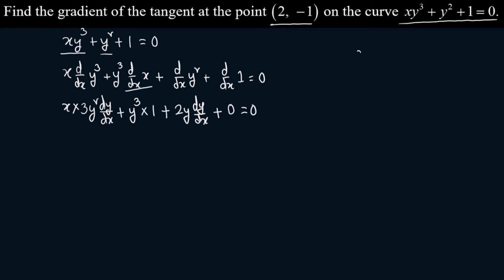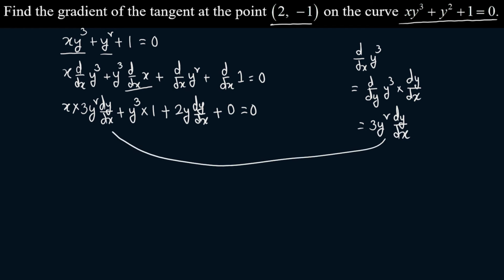Why are we writing dy/dx of y cubed? Actually it is d/dy of y cubed times dy/dx, that is the expression. So it gives us 3y squared dy/dx. Another similar procedure has been applied for d/dx of y squared, and from there we got 2y dy/dx.